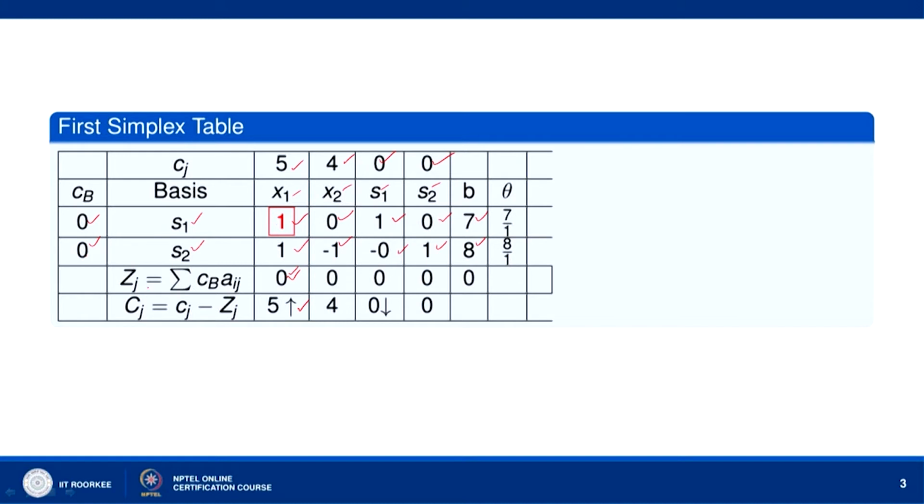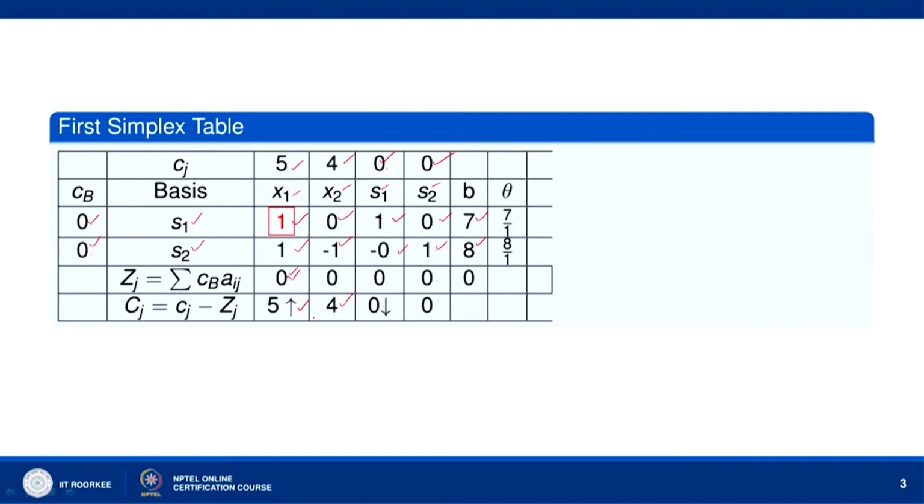So, we get zj for j equal to 2 equal to 0, and then Cj minus zj is 4 minus 0. So, we get 4 here. And then 0 into 1 is 0, 0 into 0 is 0. So, we get 0 here, 0 minus 0 is 0, and then 0 into 0, 0 into 1. So, we get 0 here, 0 minus 0 is 0 here.